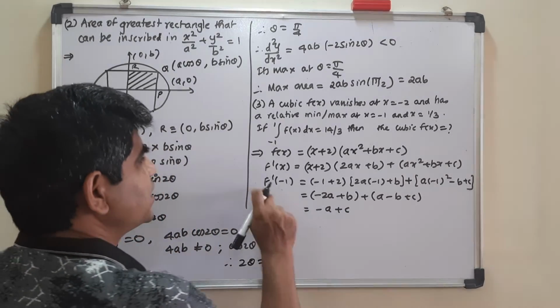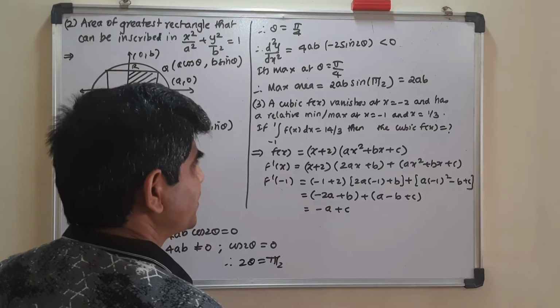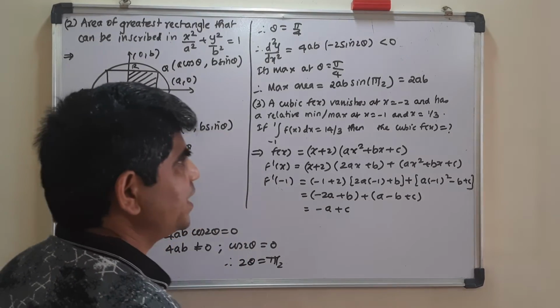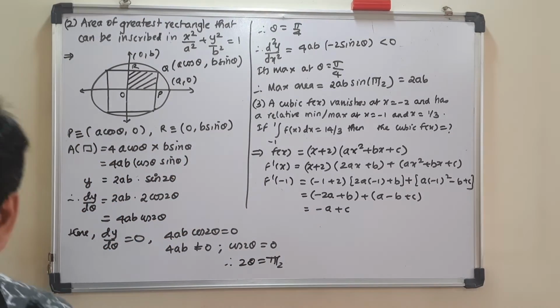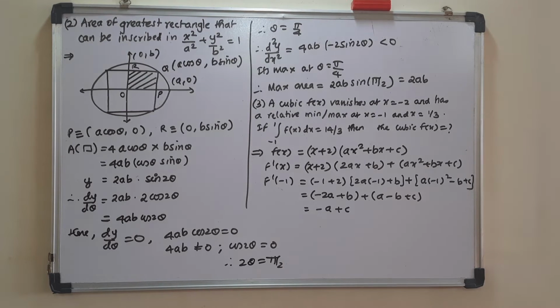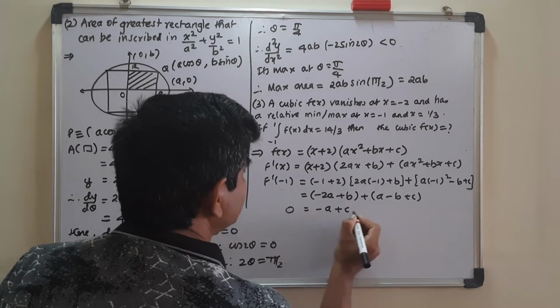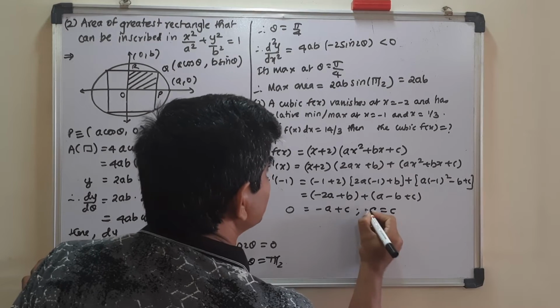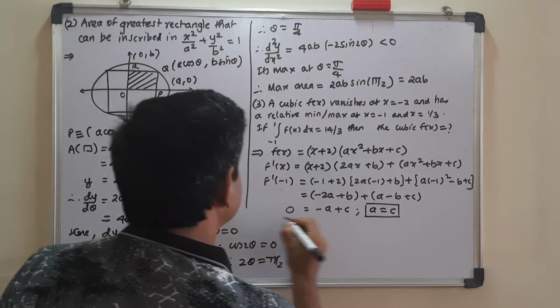This is your f dash minus 1. Now obviously I know at x is equal to minus 1, that is when I get minimum and maximum, the first derivative always is 0. So here this will become 0, indicating a is equal to c.